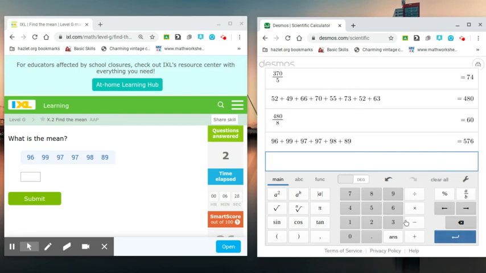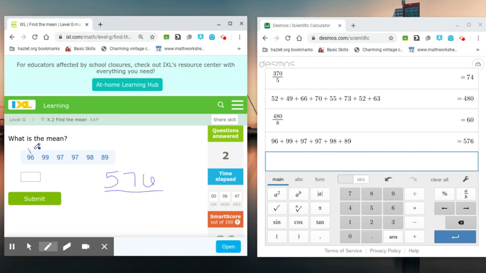Enter or equals. So I'm going to write that here so I have it. You guys might write it on a piece of paper that's in front of you. So I have 576, and then I have to divide it by how many numbers I have.